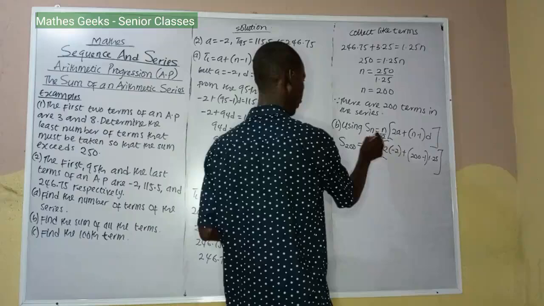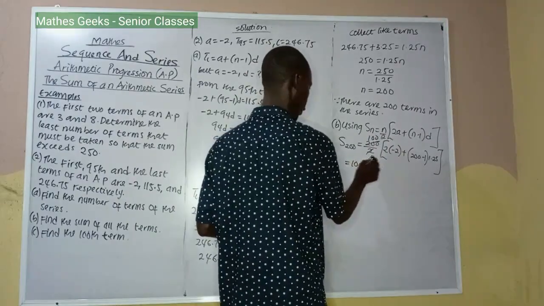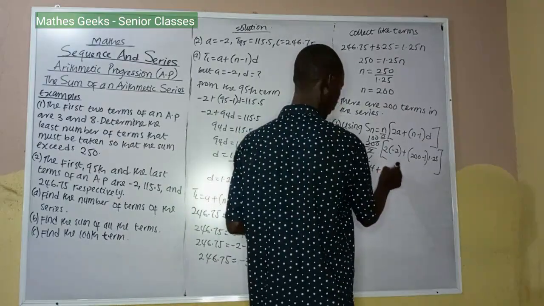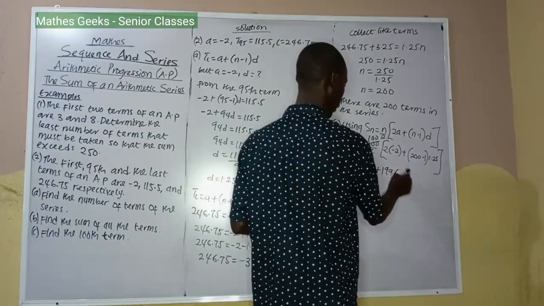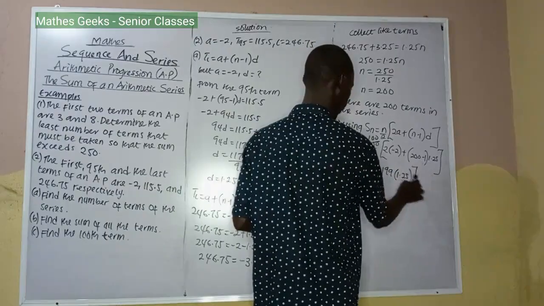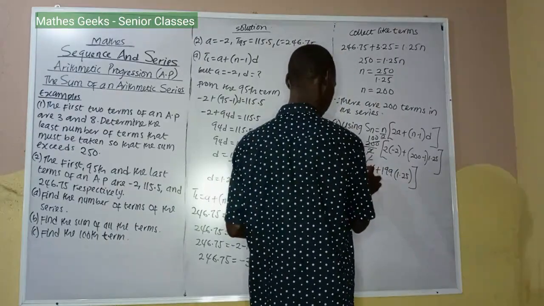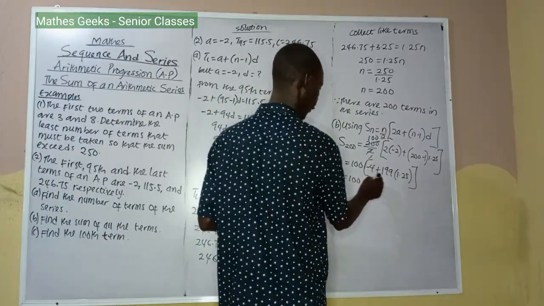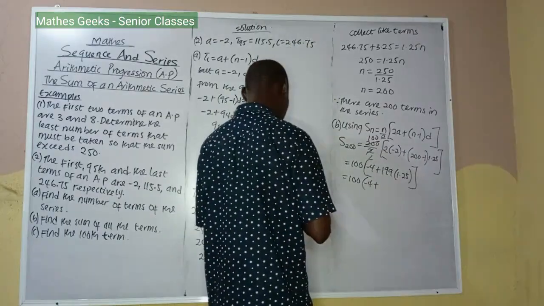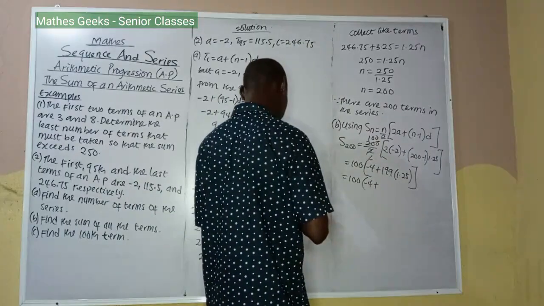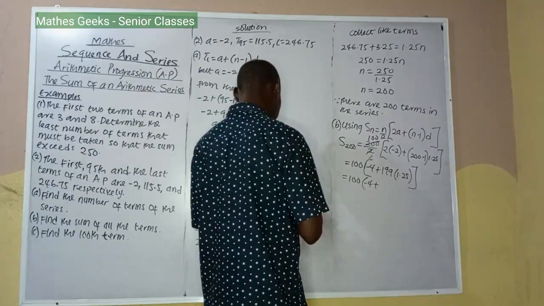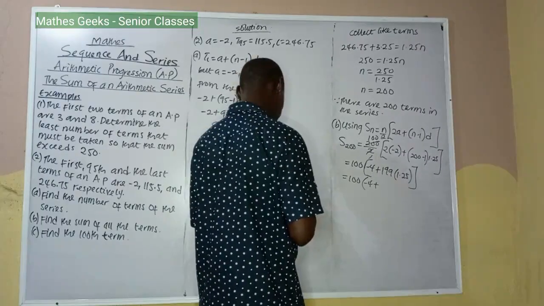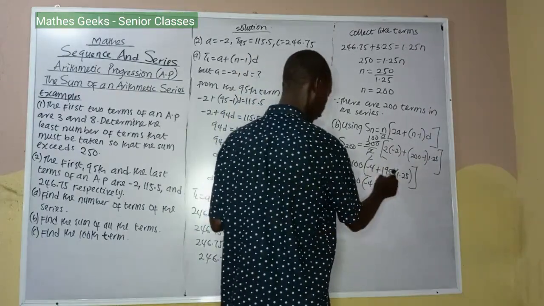So 2 here, 100 here, that will give us 100 times minus 4 plus 199 times 1.25.